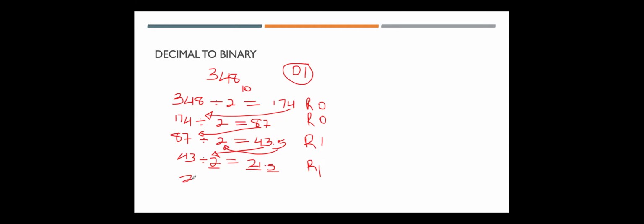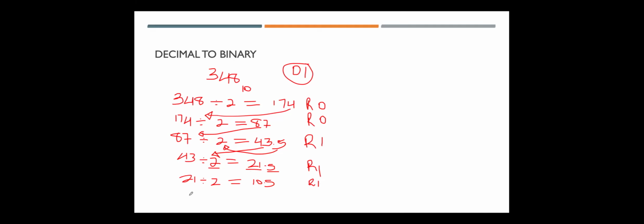When we divide 21 by 2, we shall get 10. Of course, also 0.5. If we get 10.5, then we shall carry our 0.5 times 2, which will also give us what? Give us 1.